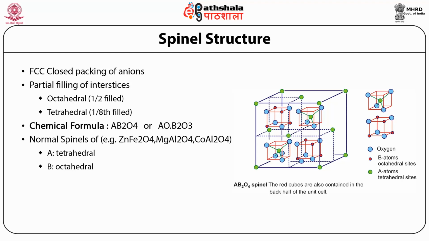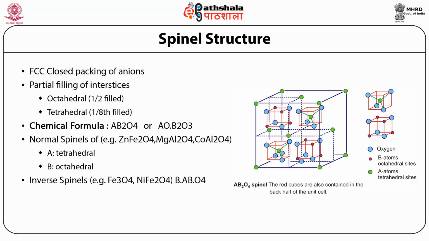Now applying the bond strength rule to verify the stoichiometry, the cation contributions come out to be A2+: 1/4 into 2, and for B3+ it is 3/6. Similarly, the oxygen valency will become 2/4 into 1 plus 3/6 into 3, which comes out to be 2. Now let us discuss the inverse spinel structure.